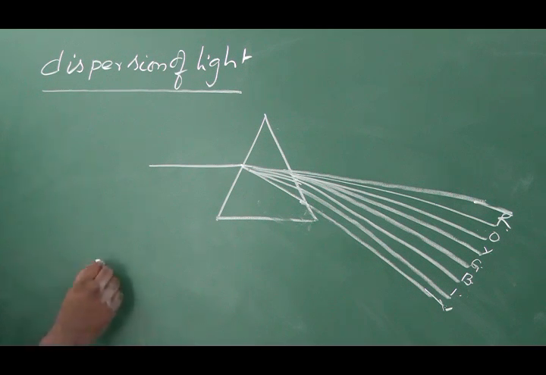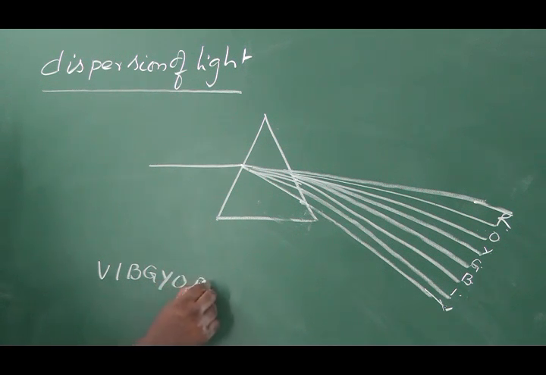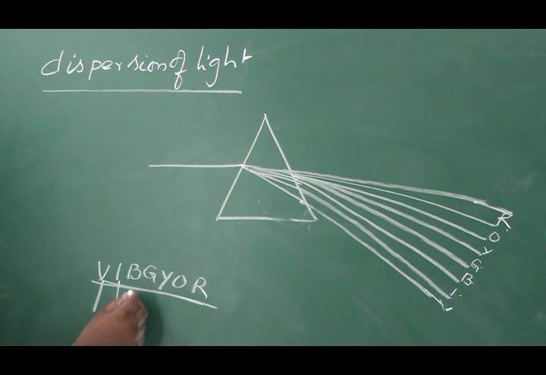That we call VIBGYOR. V stands for violet, I stands for indigo, B stands for blue, G stands for green, Y stands for yellow, O stands for orange and R stands for red. This white light is a mixture of 7 colors.